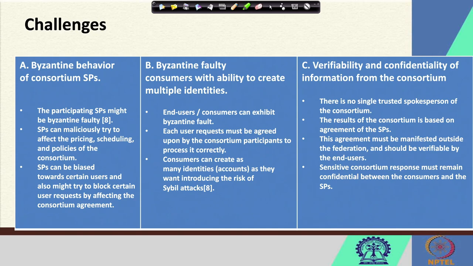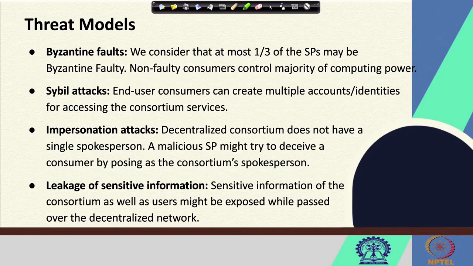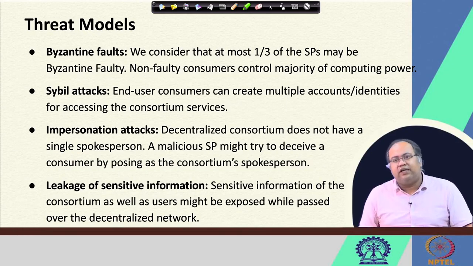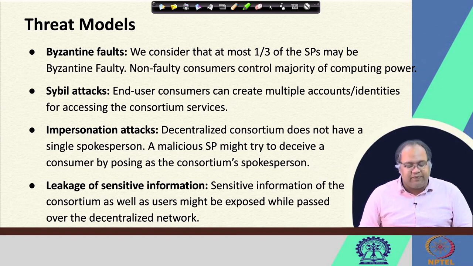Now with these challenges, the threat models that we consider are as follows. First, as I mentioned, we consider that at most 1/3 of the service providers may be Byzantine faulty, and non-faulty consumers control majority of the computing power. Then there is a possibility of Sybil attacks, that means the end user consumers can create multiple accounts or identities for accessing the consortium services.